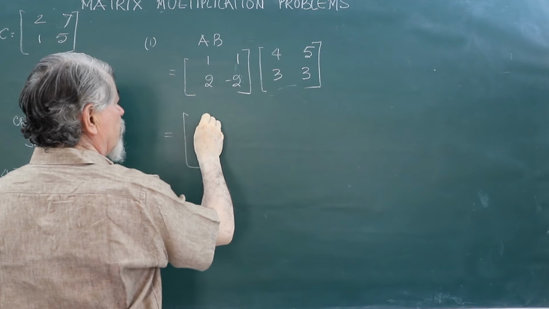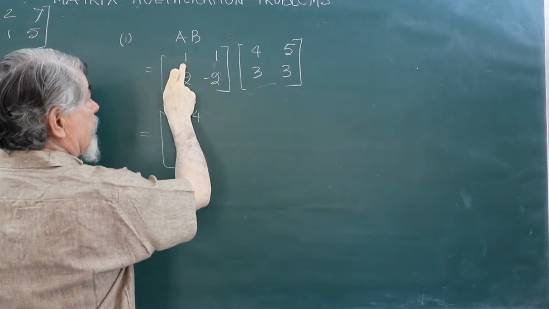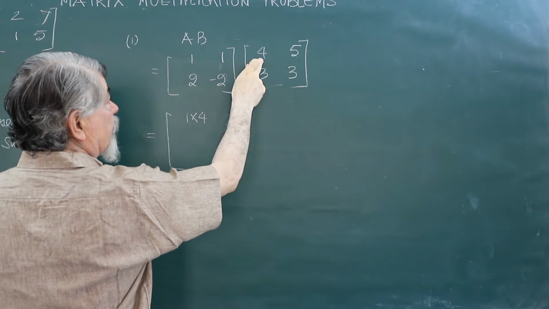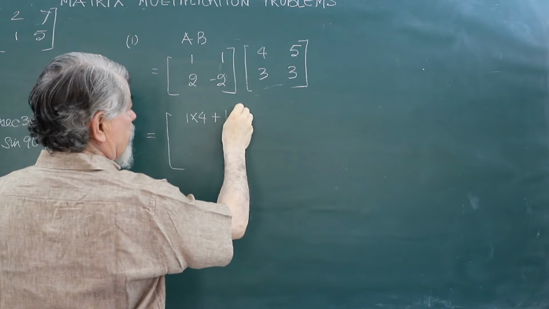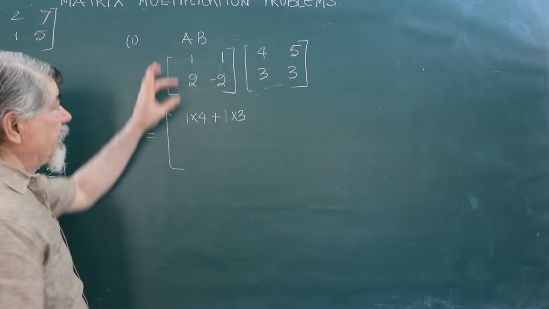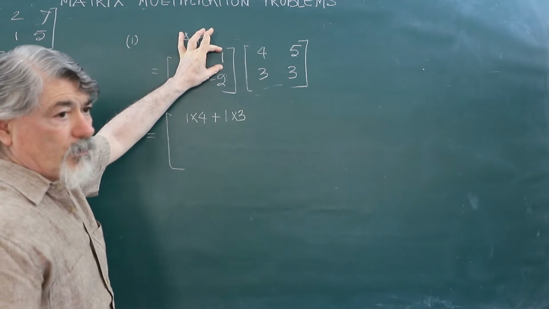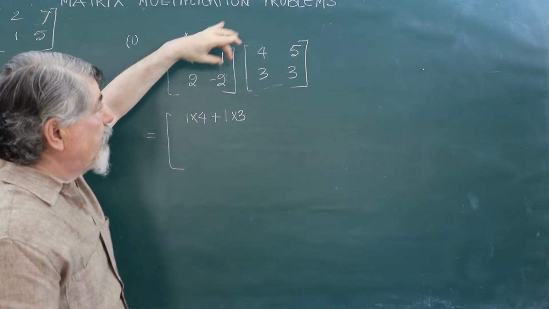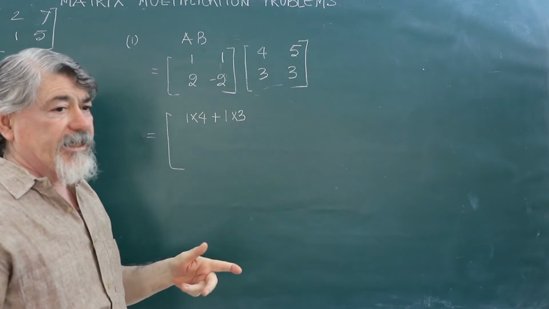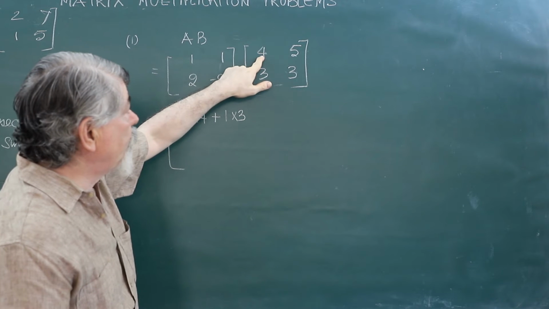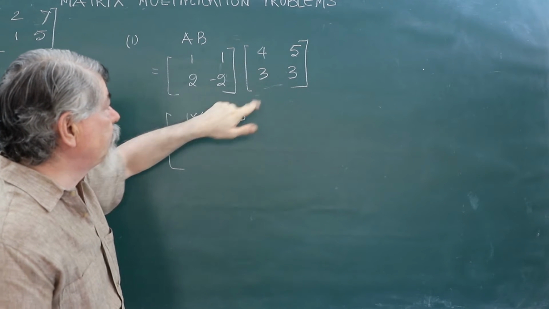1 into 4, first element of this matrix with the first element of this matrix, plus 1 into 3. So we have multiplied the elements of the first row of the first matrix with the first column of the second matrix. 1 into 4 plus 1 into 3.